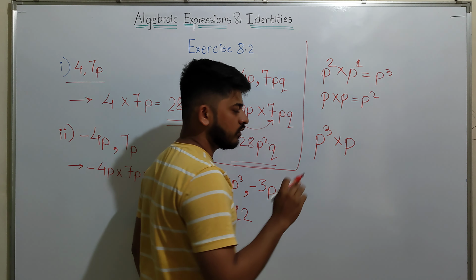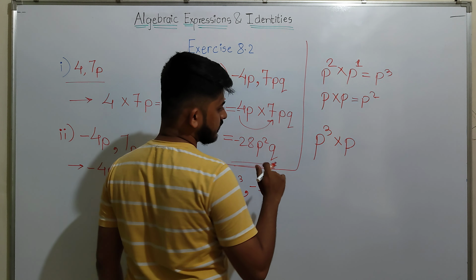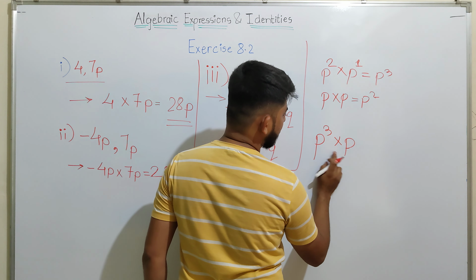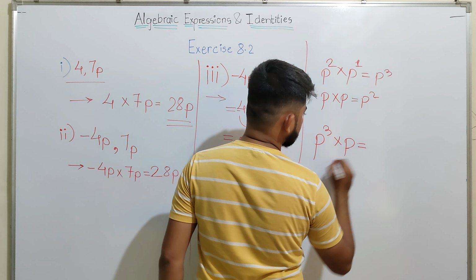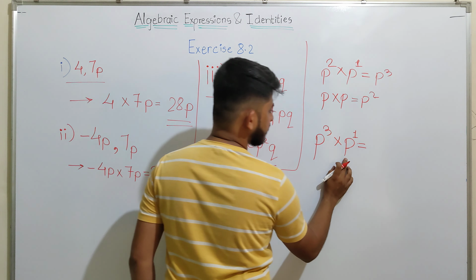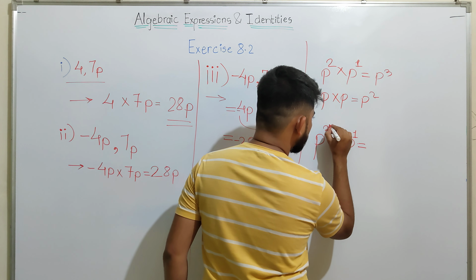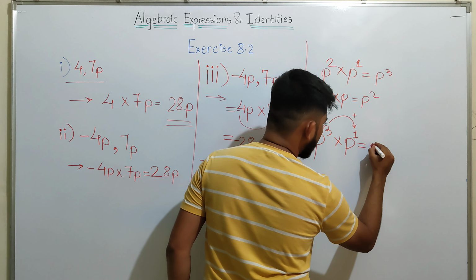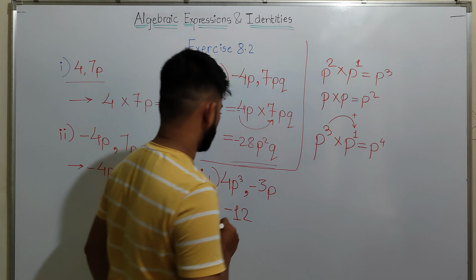You might know or you may not know, in laws of indices they have said that if you multiply these bases, you have to add the powers and write the base as it is, so 3 plus 1, that is p raised to 4.